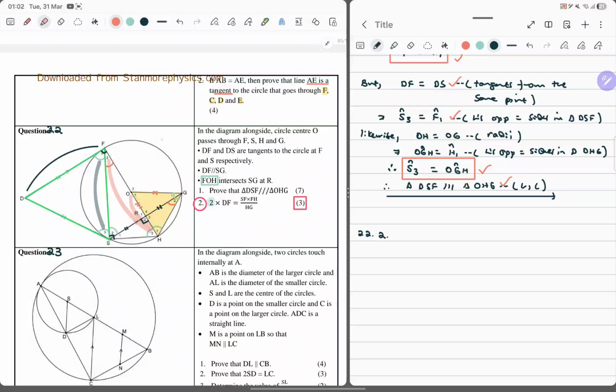These are our triangles that we proved similar. Then after that, we're going to play the gymnastics of saying OH is half FH. That's how we're going to bring in this 2 times DF business right there, because half is going to sit here and then cross multiply.